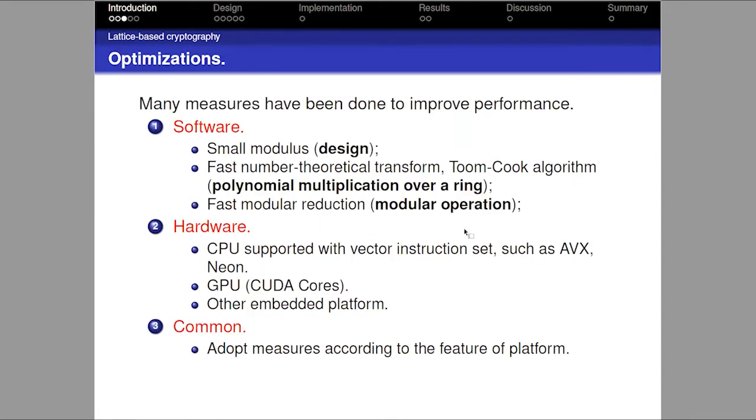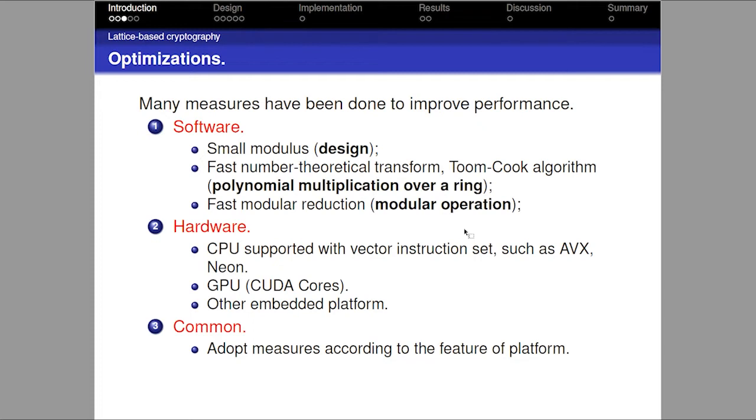Many measures have been taken to improve the performance. Some researchers try to use a smaller modulus from the view of design and adopt fast number theoretic transform, Toom-Cook algorithm, and faster modular reduction.